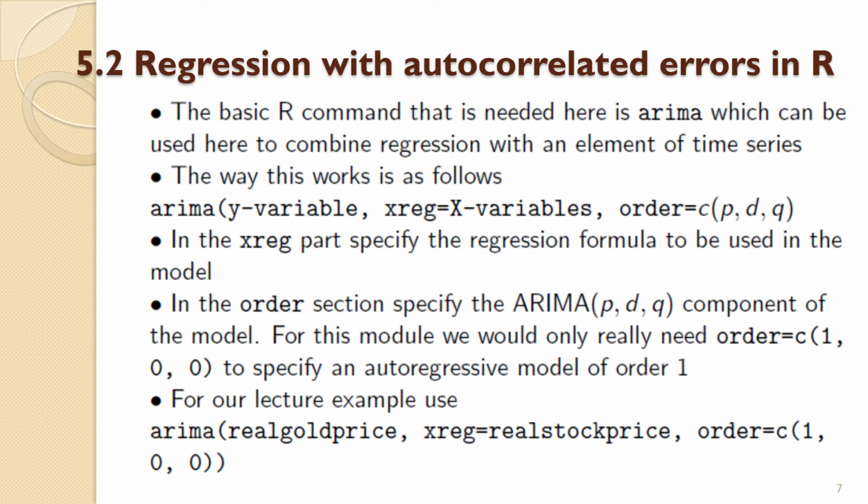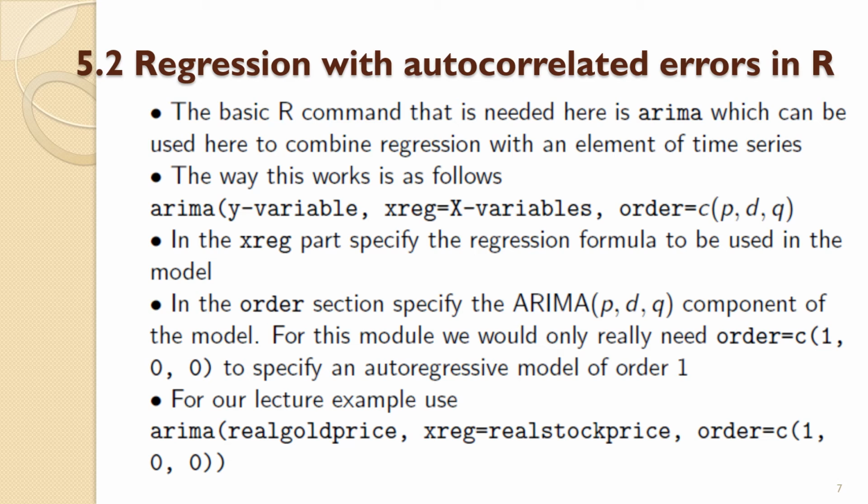And there might be a closing bracket that's missing from the slides. In the xreg part, you would specify the regression formula to be used, and then the order argument specifies the order of the ARIMA part. For this module we're only interested in fitting an autoregressive model of order 1, so you would just need this to be 1, 0, 0.